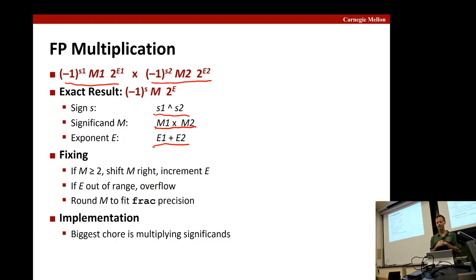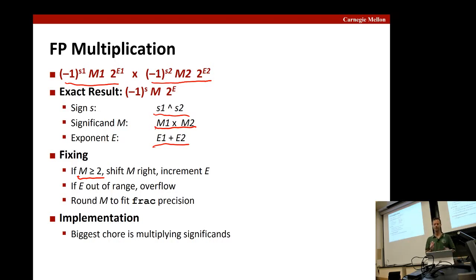But that result is not necessarily going to be in the right form, so we have to fix it up. For instance, if we now have a significand that's no longer 1 point something, but greater than or equal to 2, then we fix that up by simply shifting the whole thing to the right and incrementing the exponent.